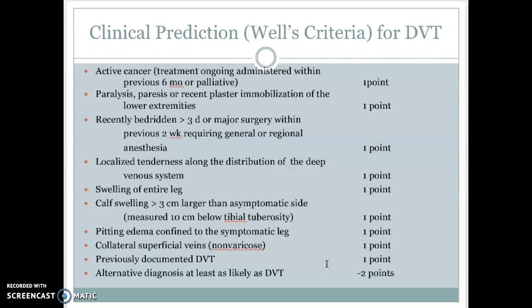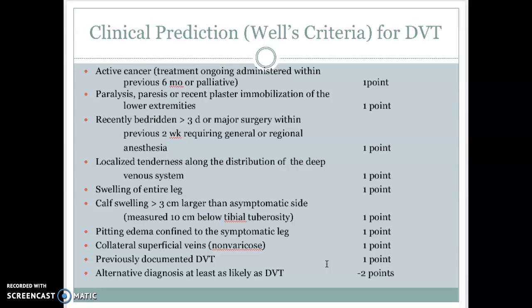And so all of these can add up to give us the ability to look at these various factors. The very last bullet point is if there's something else that could be causing these symptoms, then that may take some of the points away.